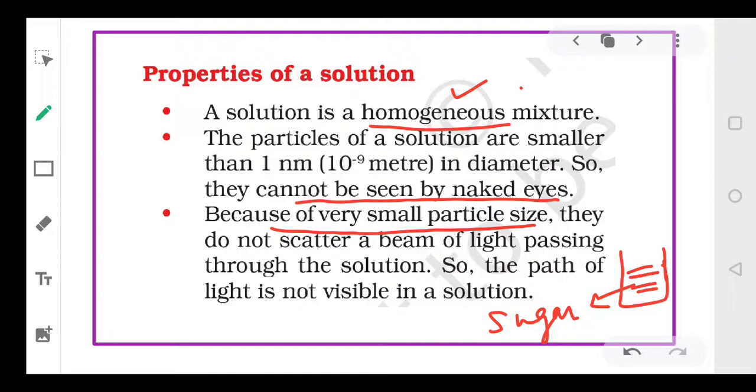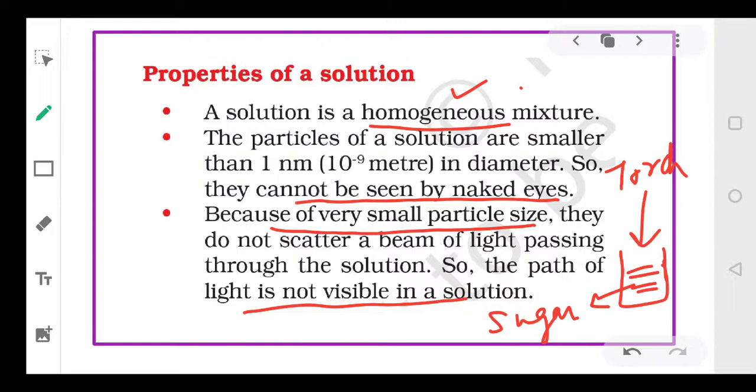And the third, suppose you have a torch. Take a torch and pass light through the solution. The light does not get scattered. It simply passes through the solution. The path of light will not be visible to us.